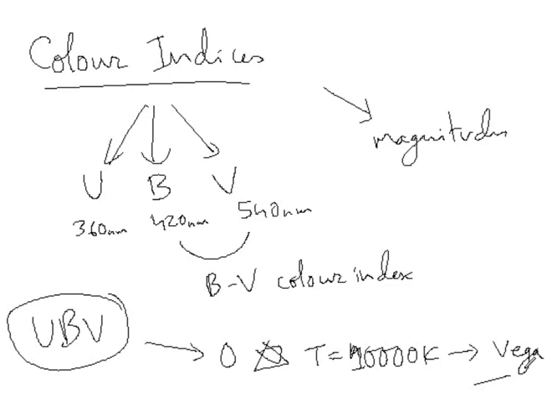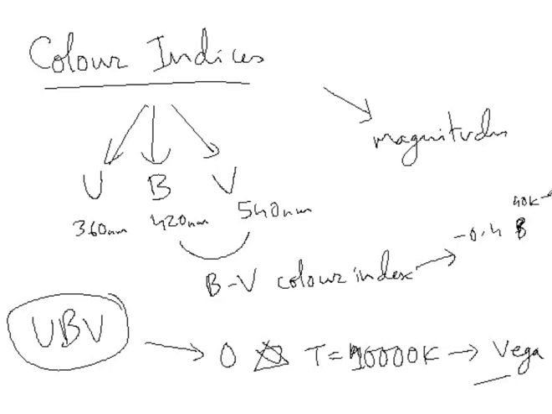Now the BV color index of stars ranges from minus 0.4 for the bluest of the stars, having a temperature of about 40,000 Kelvin.